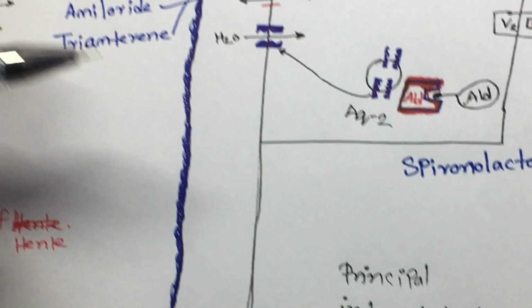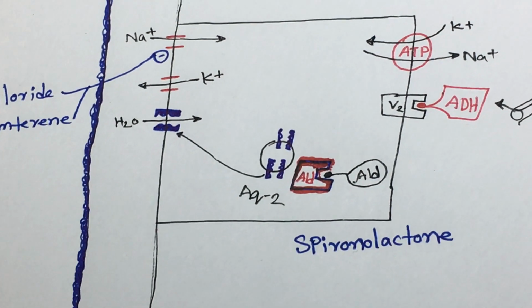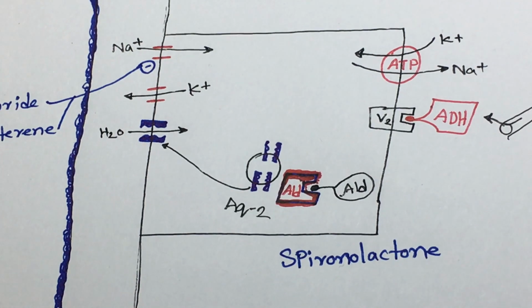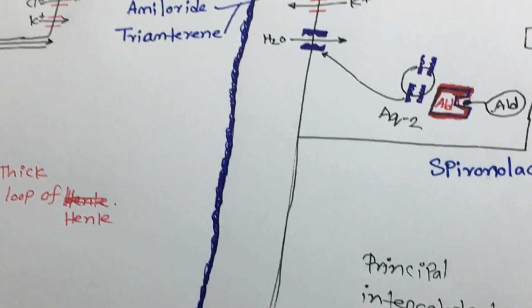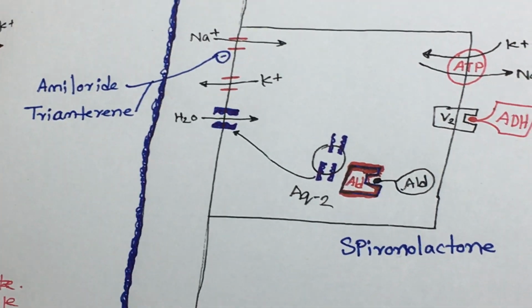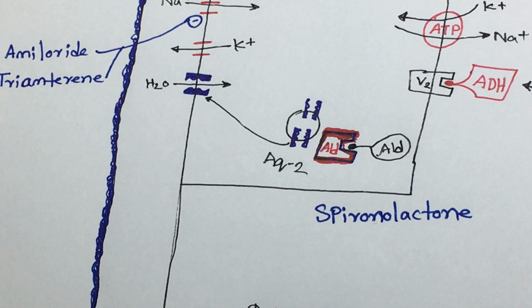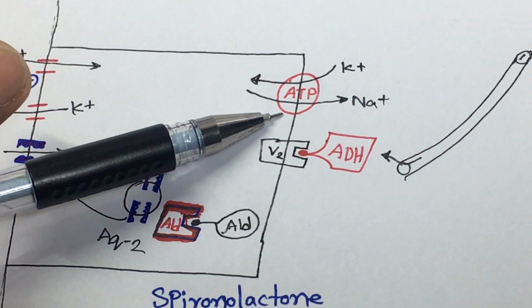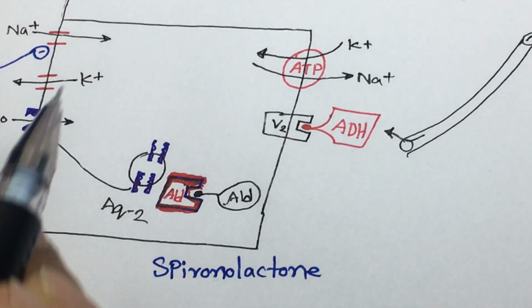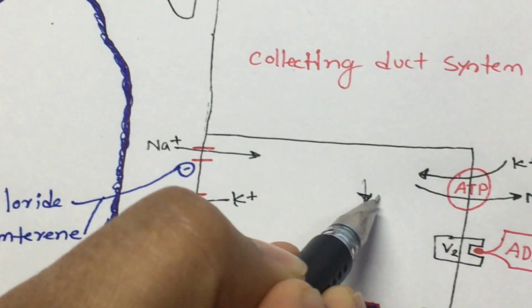So we have shown you one principal cell. We will see in the principal cell how ions are being reabsorbed. Like all other cells in the nephron, in the principal cell's basal area we also have this ATPase. The function of this ATPase is to decrease the intracellular sodium level.